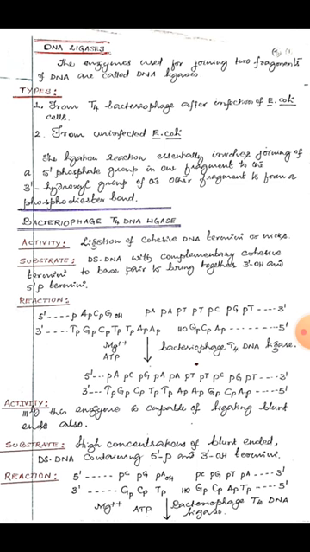Now, if we take the cut DNA fragment like this, and give magnesium ions as cofactor and ATP, and this enzyme bacteriophage T4 DNA ligase, the enzyme catalyzes the ligation reaction in the presence of magnesium and ATP, finally resulting in joining the cuts. You will get a continuous strand of double-stranded DNA. This is what exactly happens after ligation.